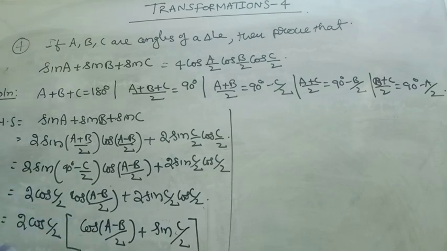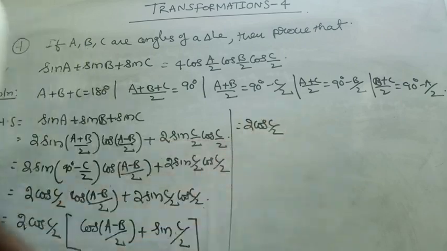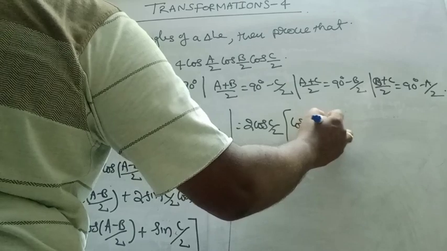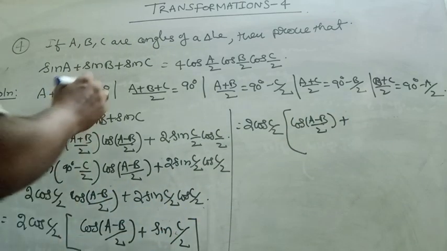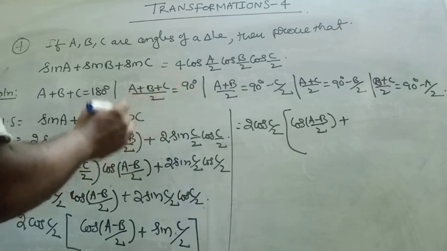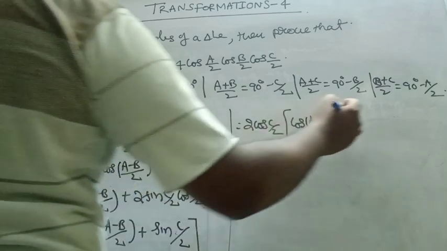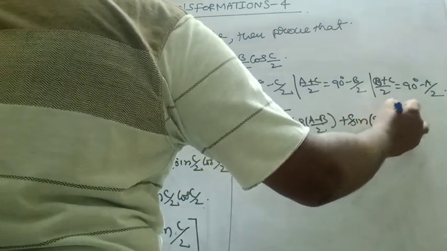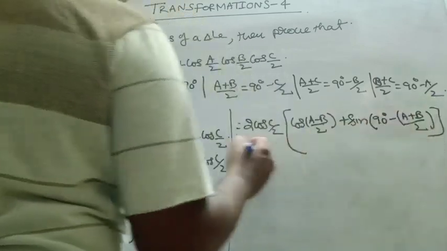Once you got this, my dear student, you can write it as 2 cos C/2 into cos (A minus B)/2 plus sin C/2. And you know that (A plus B plus C)/2 equals 90 degrees, so C/2 equals 90 minus (A plus B)/2. Sin of C/2 is nothing but sin of 90 degrees minus (A plus B)/2.